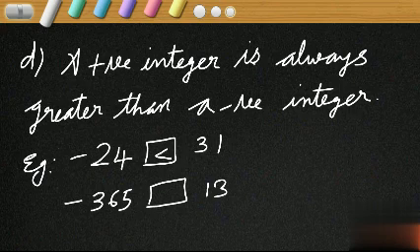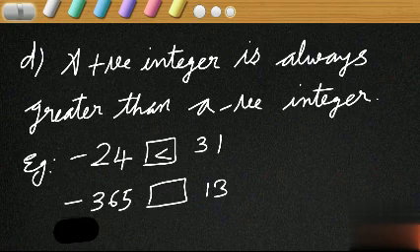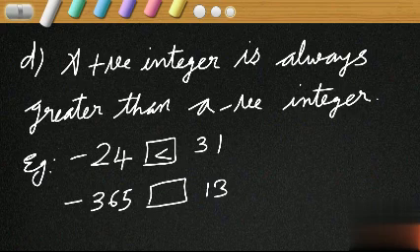What about this? Can we say here it is 365 and there it is 13? What stupid question ma'am is asking? 365 is greater than 13. Can you say? No, sign is to be considered. Sign is to be taken into consideration. So here sign is negative. And from our rule we know that a positive integer is greater than a negative integer.